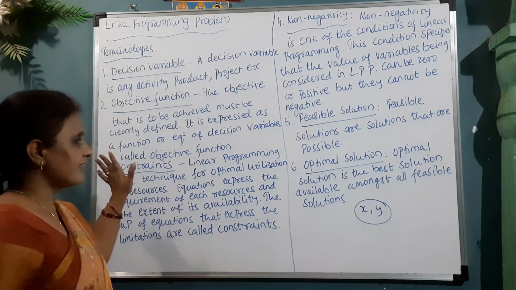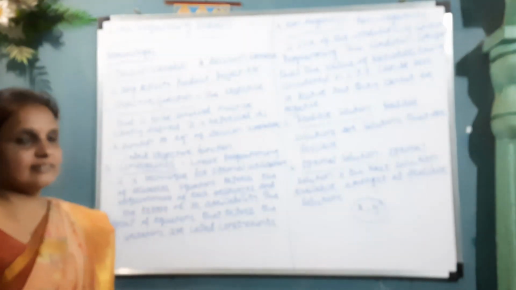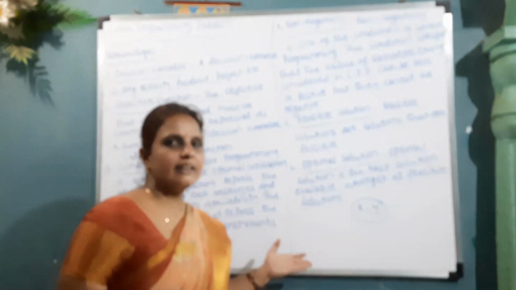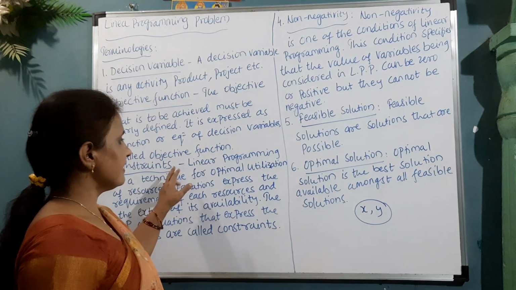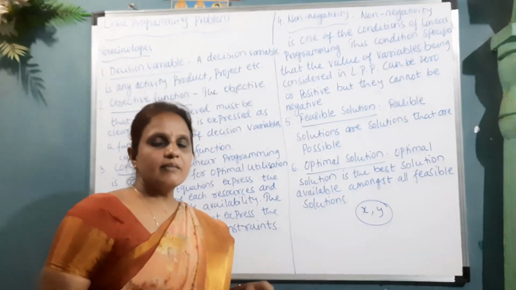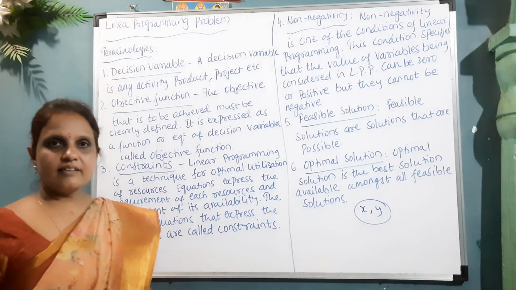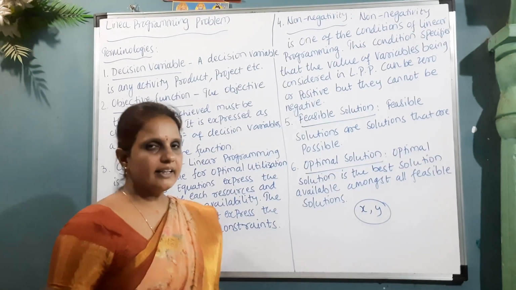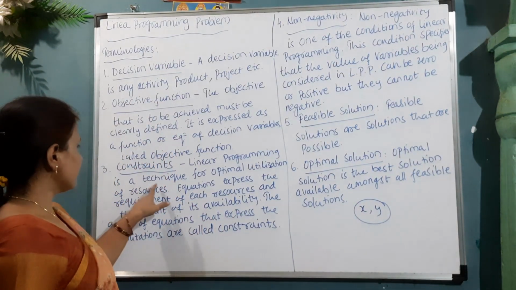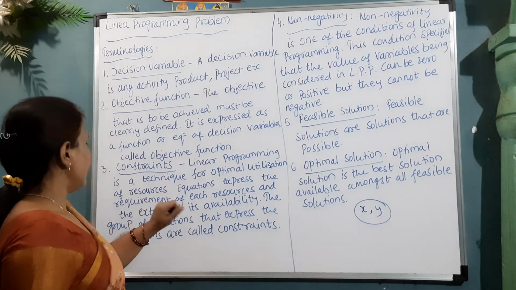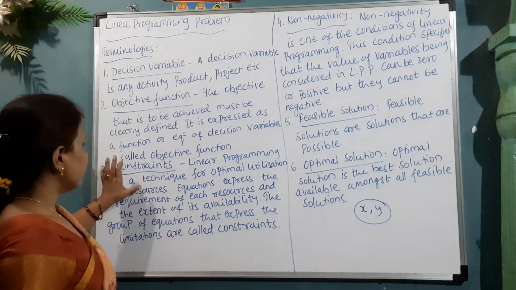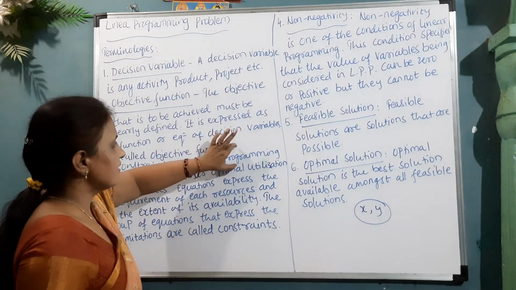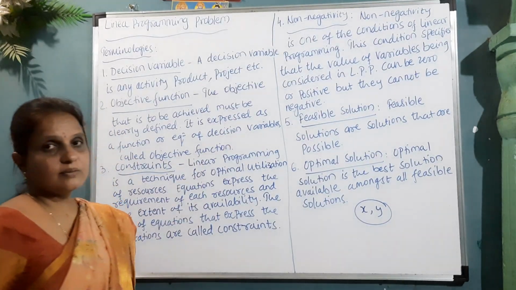Now constraints. Constraints are nothing but restrictions. When any problem is given, certain restrictions are there. Those are called constraints, and these restrictions are expressed as an equation with an equality or inequality. In the linear programming technique, optimum utilization of resources is done, and this technique is used to use all the resources properly.